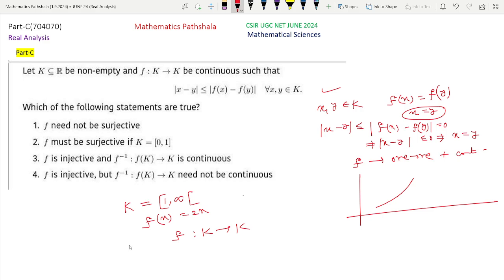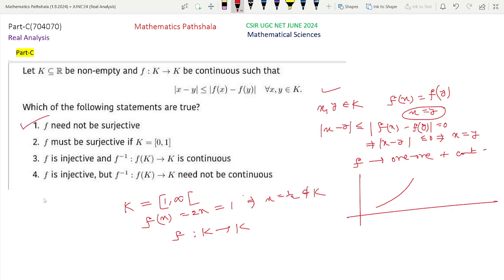But it is not surjective, as f(x) equal to 2x equal to 1 in this interval has no pre-image in the domain because x would be half, which is not in K. So this f is not surjective. So this f and K may exist where f is not surjective.